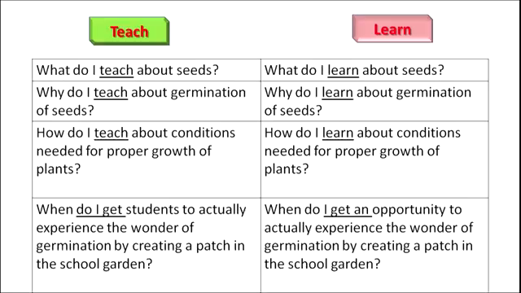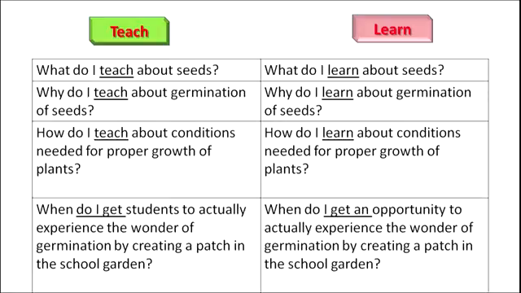And so, let me take you a step further and introduce another label here, and that is learn. I teach and my students learn. So, if you start reading the two together, then it would go this way. What do I teach about seeds?